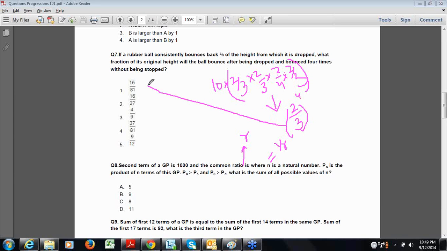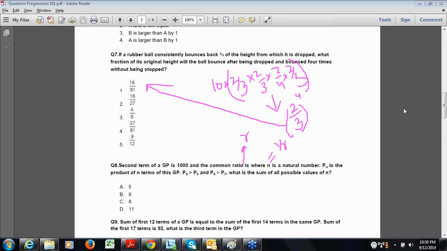This is 16 by 81. So after 4 times without being stopped, it has reduced to 16 by 81 of its original height. Everybody is clear with question number 7.